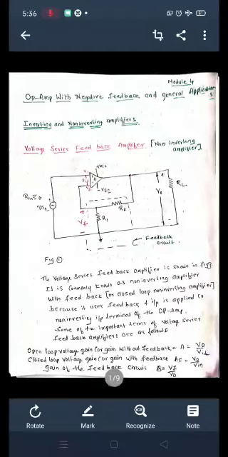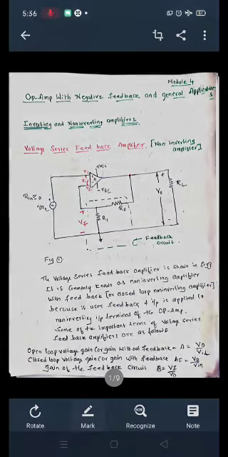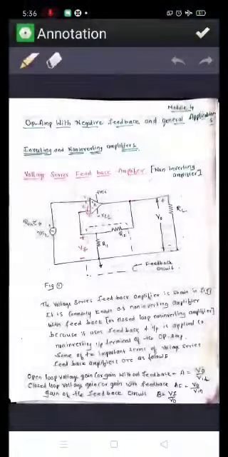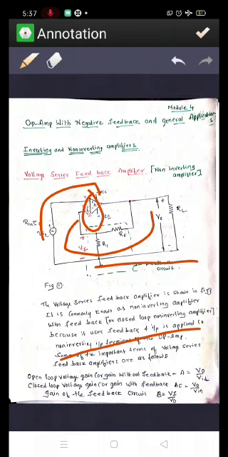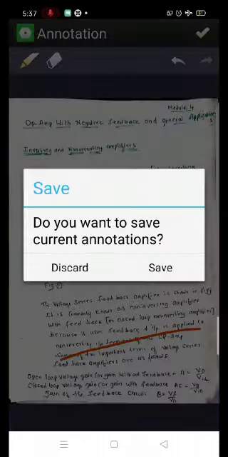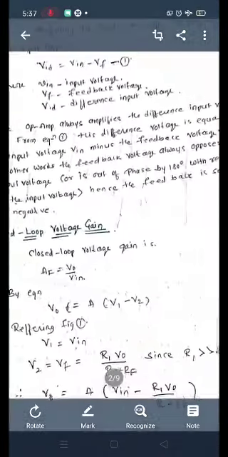When we apply it to this input loop, the input voltage minus the feedback voltage gives the differential input voltage VID. That is, the differential input voltage is equal to the input voltage minus the feedback voltage.